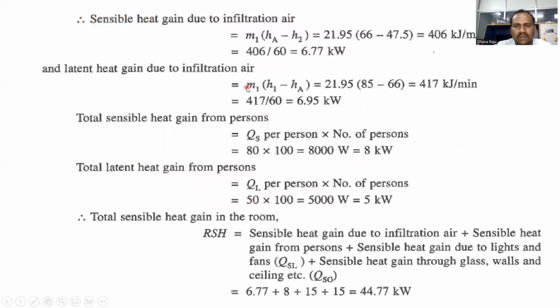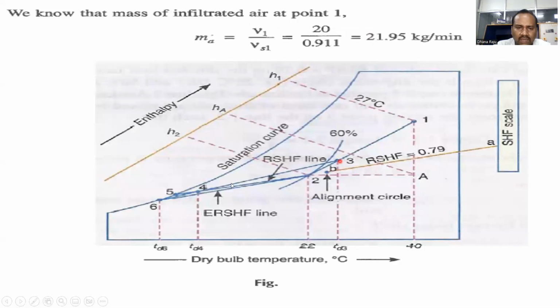If you look at the diagram, 3, 4, 6 is called the cooling process. If bypass factor is 100%, then automatically 4 and 6 is 1, but it is only 0.1. So bypass factor equal to 0 means coil efficiency 100%, and 4 is also equal to 6, but 10% bypass factor means 90% efficient.